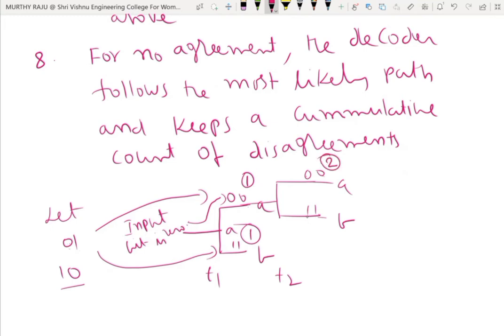Similarly, here 1 1, here 1 0 is there. The disagreement count is 1. Previously, the disagreement count is 1, 1 plus 1 is 2. Therefore, if the disagreement counts are equal, the decoder mostly follows the input bit 0 side. That means upward direction.